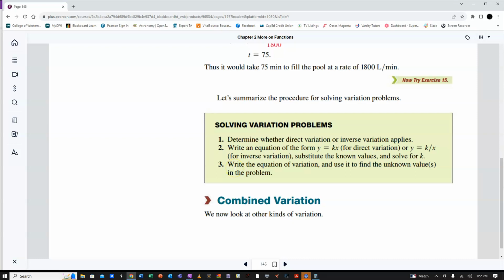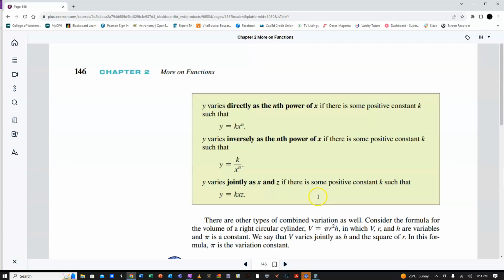So besides direct variation and inverse variation, there are two other types of variations that we want to look at. First, we'll look at the problem of a direct variation or an inverse variation, where y varies directly as the nth power of x, or varies inversely as the nth power of x.